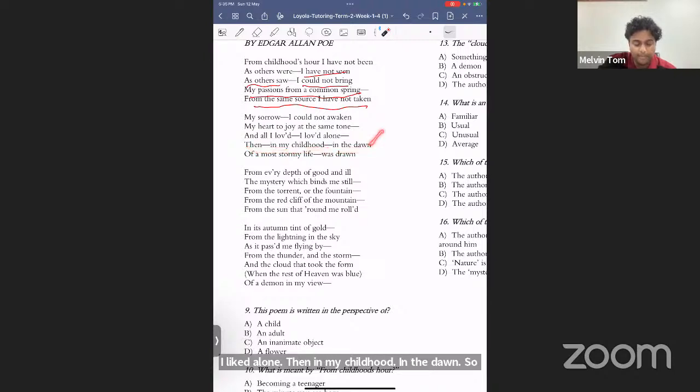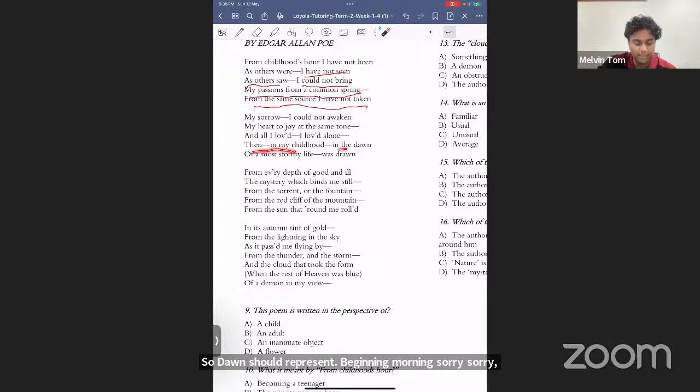So dawn is when the sun rises, just before the sun rises, right? Remember two weeks ago, we did a poem called Do Not Go Gentle Into That Good Night? In that poem, night represents death. So dawn should represent beginning, morning, birth, childhood, things like that.